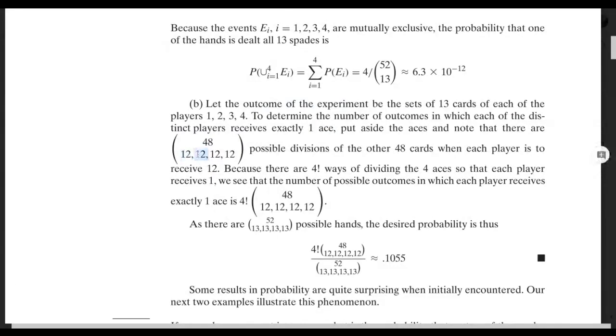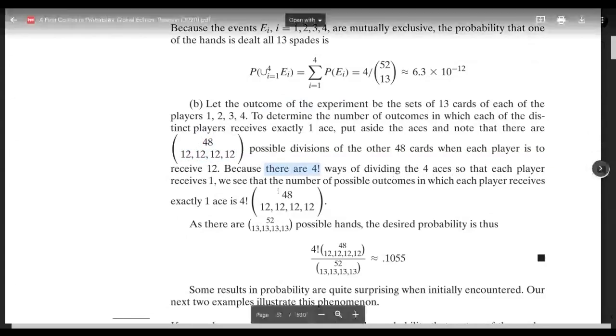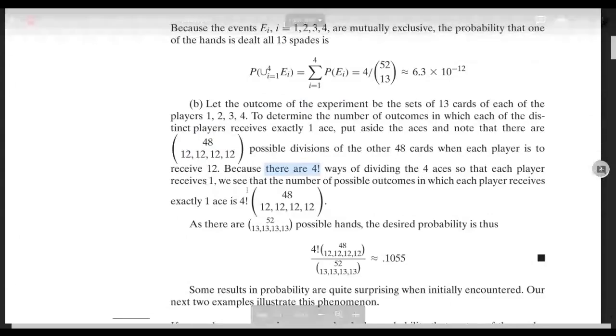So how many ways of distributing that? That's this multinomial. Because there are 4 factorial ways of dividing the 4 aces, so that each player receives 1. We see that the number of possible outcomes in which each player receives exactly 1 ace is 4 factorial multiplied by this multinomial.